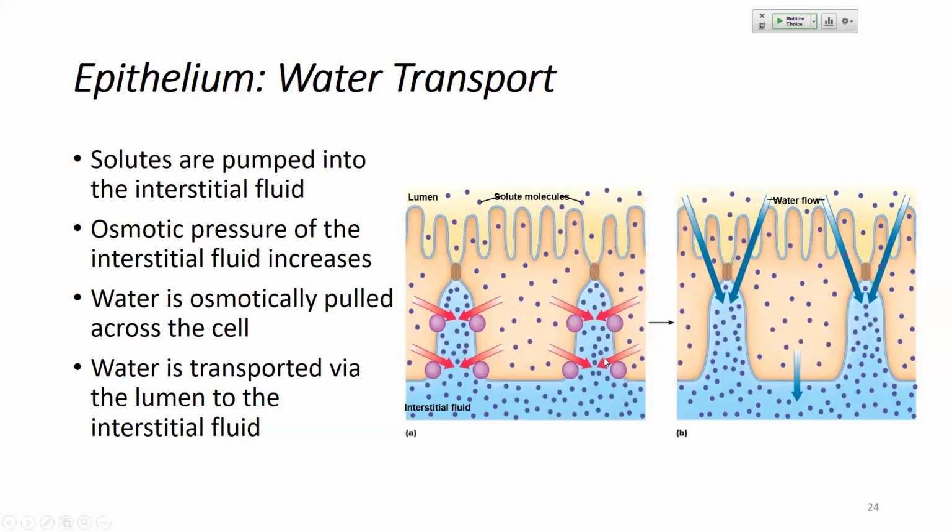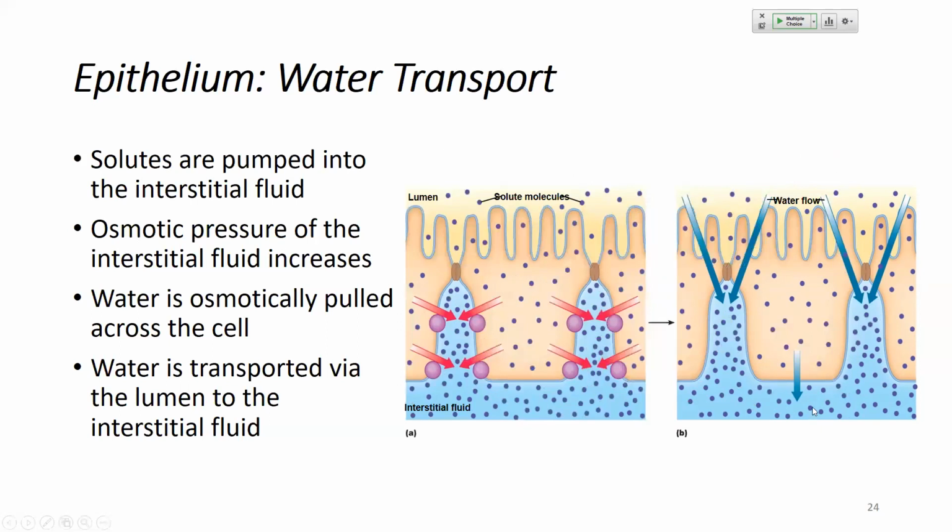We created a gradient where we have a salty, or a more solute-rich, environment here than we have up here. And so we have more water here. Water's at a higher concentration here, and at a lower concentration here. And so water naturally moves according to its concentration gradient, via osmosis, through this cell right out into the interstitial fluid.